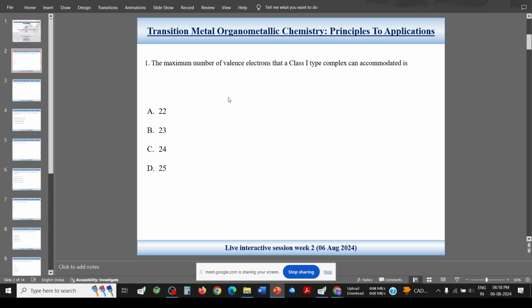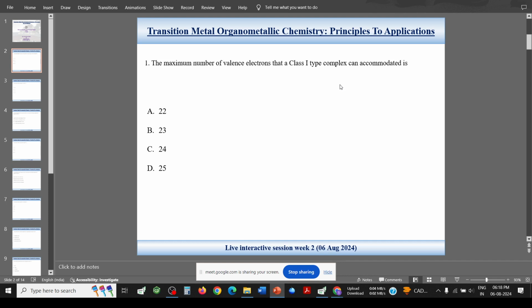So as per our question, the maximum number of valence electrons that a class 1 type complex can accommodate is 22, sir. Yes, so 22.